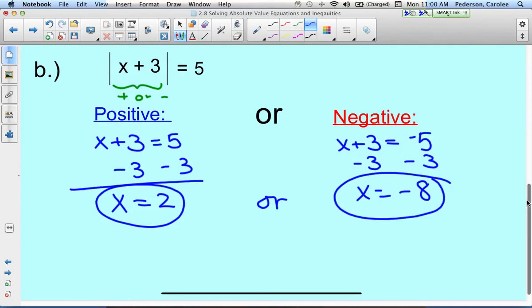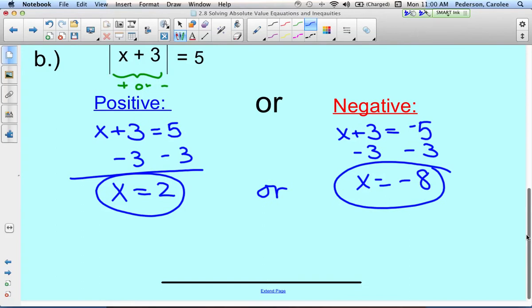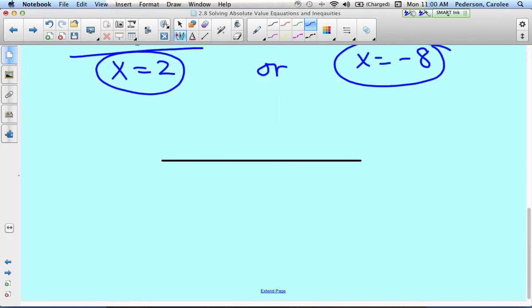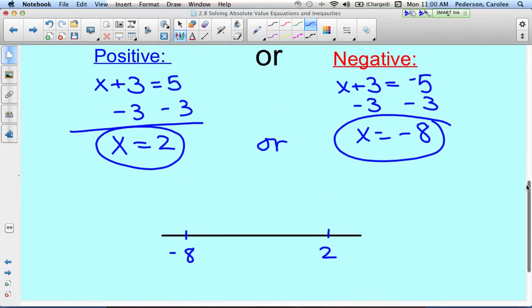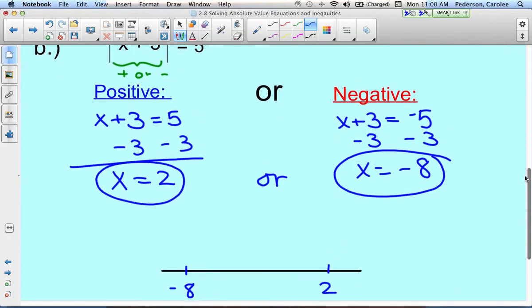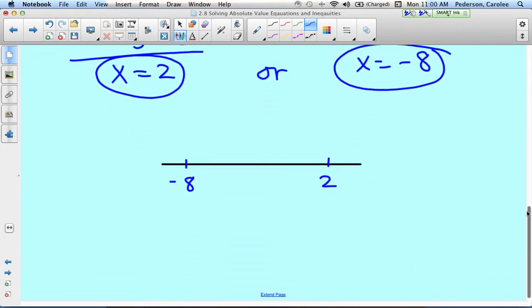So if you wanted to graph it on a number line below, here's -8, here's 2, we would have a solution at -8 and 2.